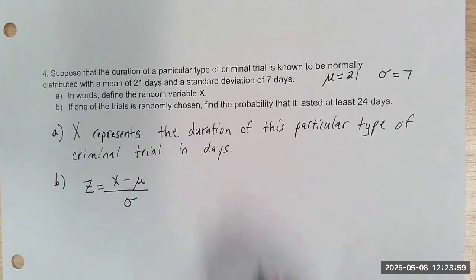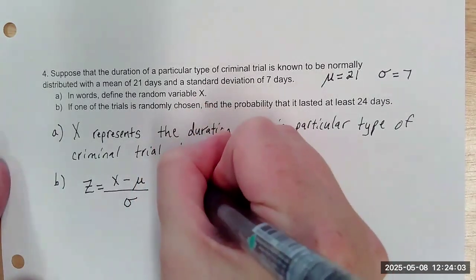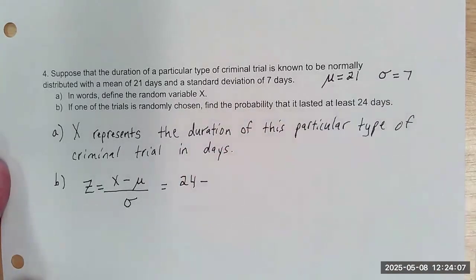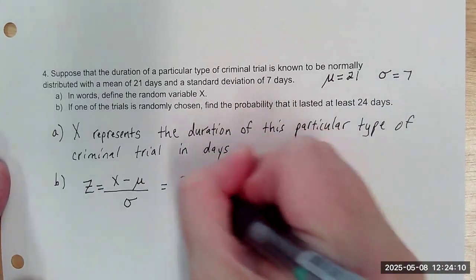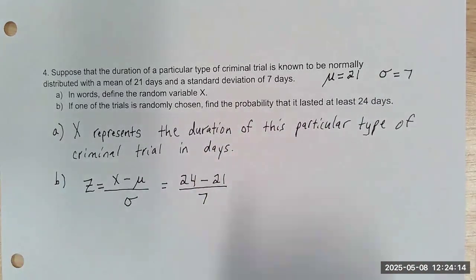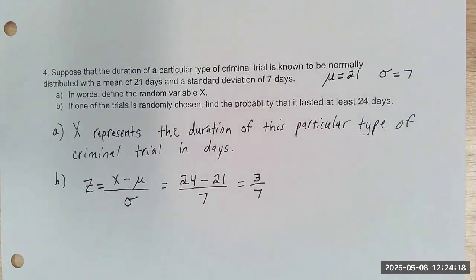Okay. So for us, the X value you're plugging in is the 24. The mean was the 21. And our standard deviation is 7. So we have 3/7. But to use our table, I need to turn that into a decimal.